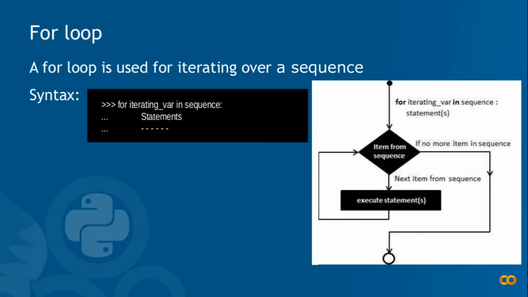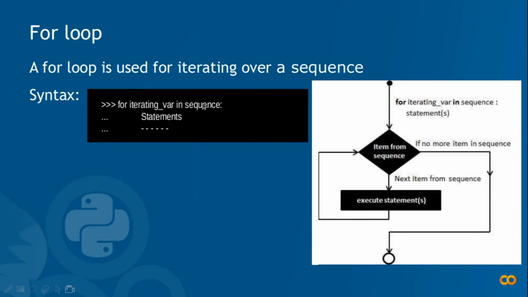Here we will be discussing the for loop. A for loop is somewhat similar to while, but it is used to iterate over strings, lists, and other types of objects. The syntax of a for loop is: for, then an iterating variable which will be declared by us, then the keyword in, and then a sequence.